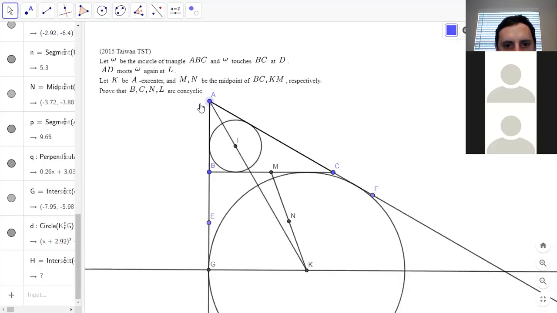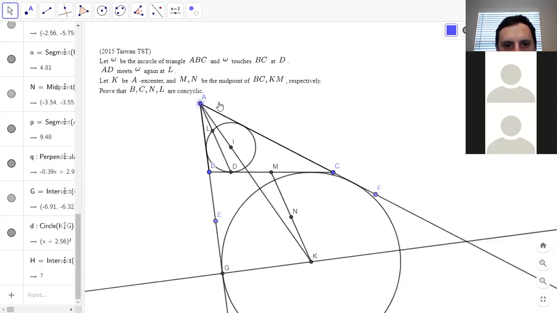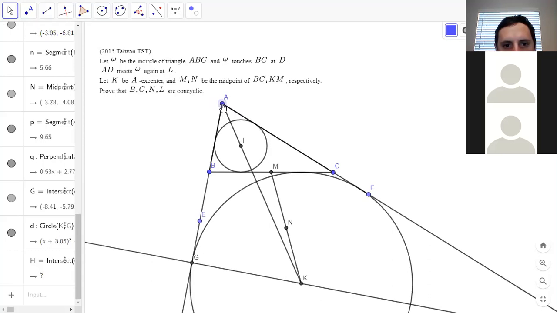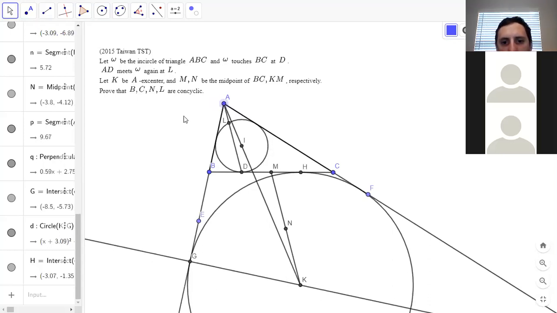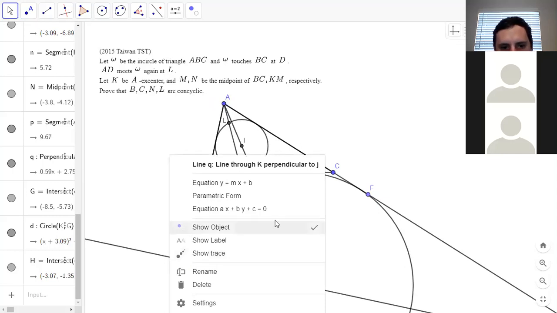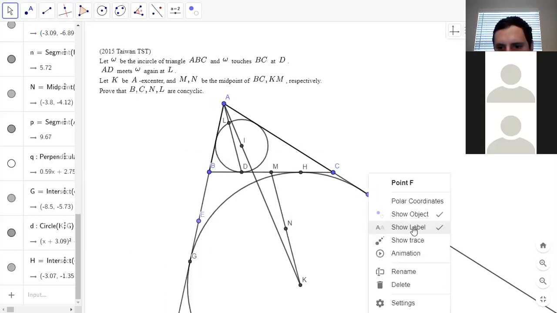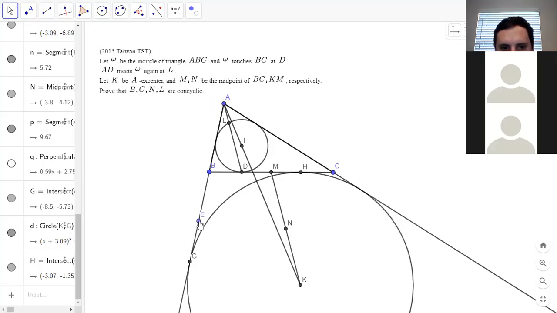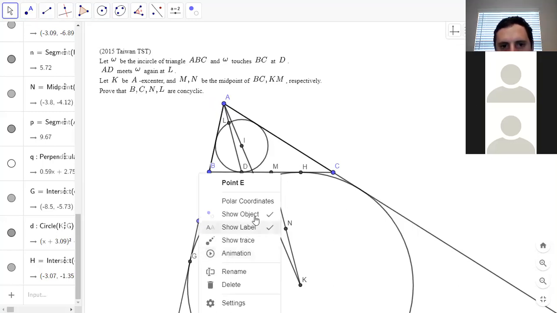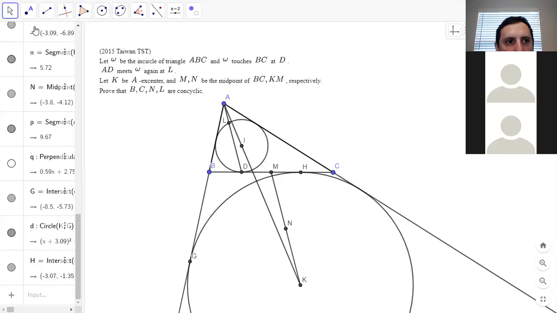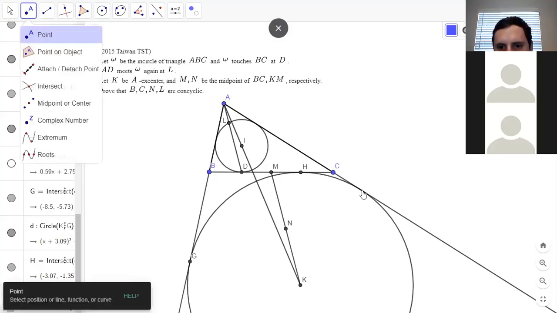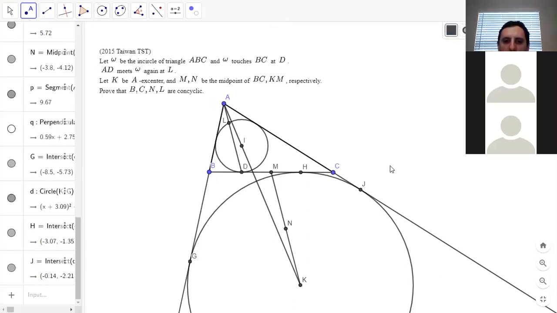I think it might be. It looks like it. Yeah. I think there's a simple proof of it. I just forgot what the proof is.